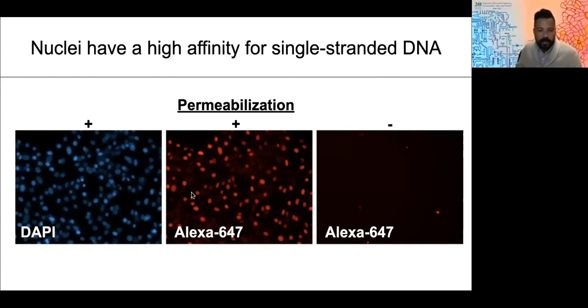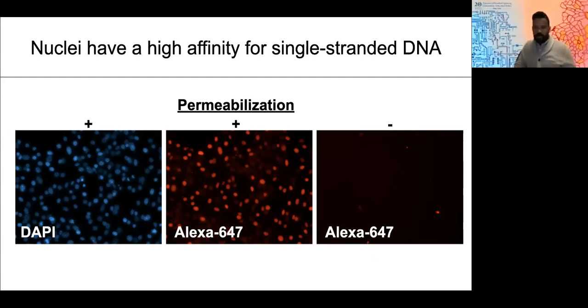And on this middle panel, these cells were incubated with a single-stranded oligonucleotide that is conjugated to an Alexa 647 dye. And you can see that there's a nice correspondence between DAPI-positive nuclei and Alexa 647 positive nuclei. Now, you don't get this type of staining if you don't permeabilize the cells.